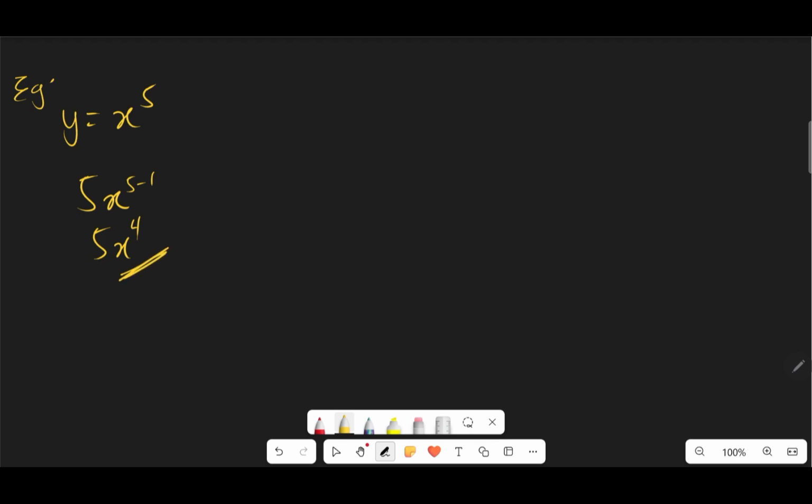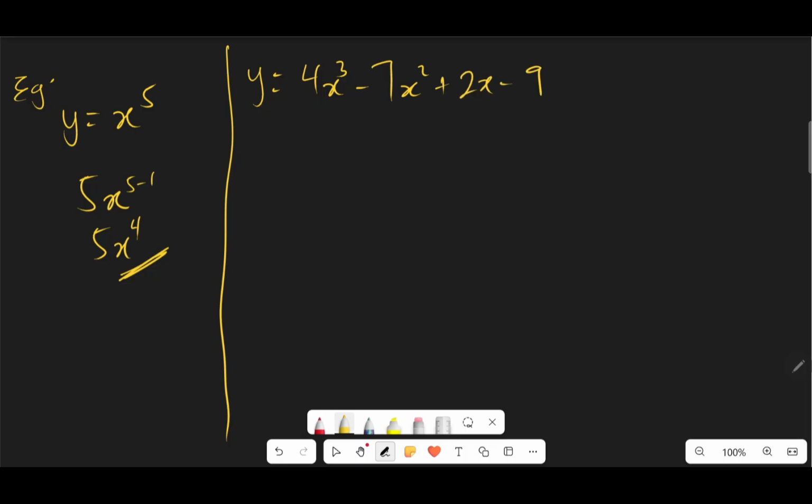Is that okay? Now let's take questions under polynomials, how to differentiate a polynomial. Let's say we are differentiating y equal to 4x cubed minus 7x squared plus 2x minus 9. We are going to differentiate it term by term. Now what is a term?